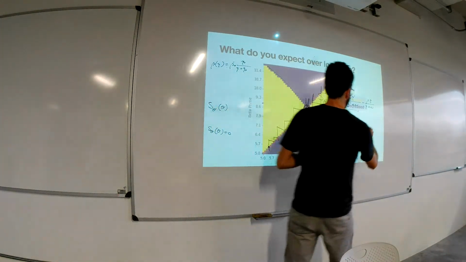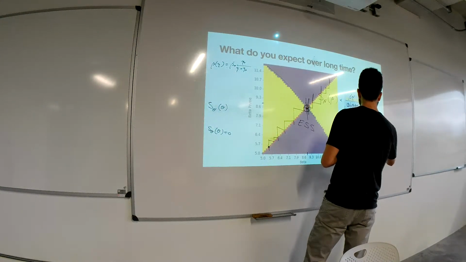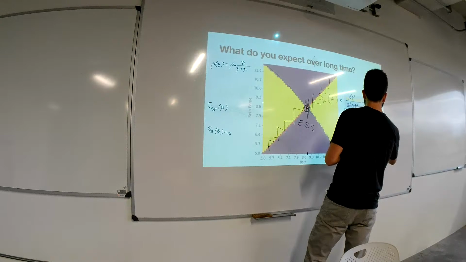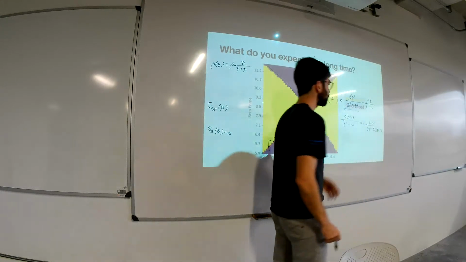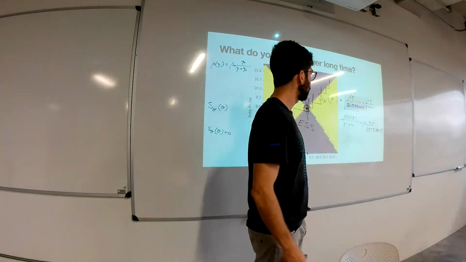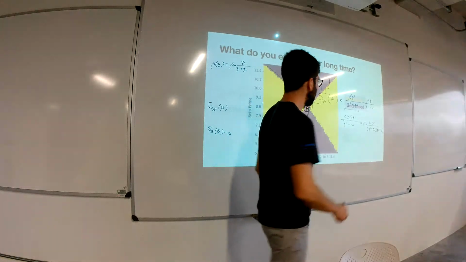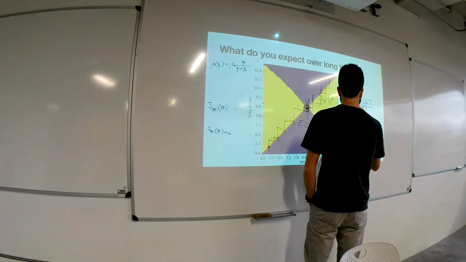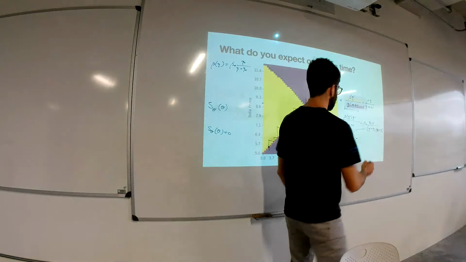This function is beta naught eta prime over beta prime plus beta naught omega plus beta prime. Then to maximize this quantity, what do I have to do? Take the derivative with respect to eta, and then you set it to 0.